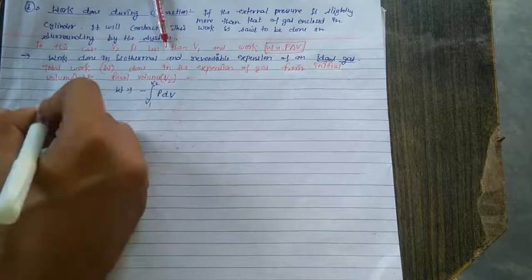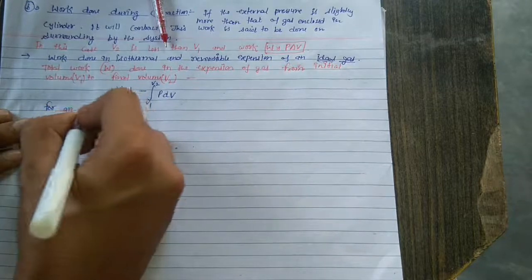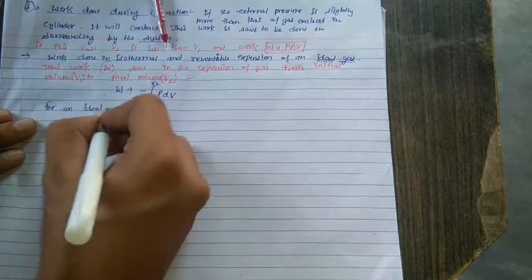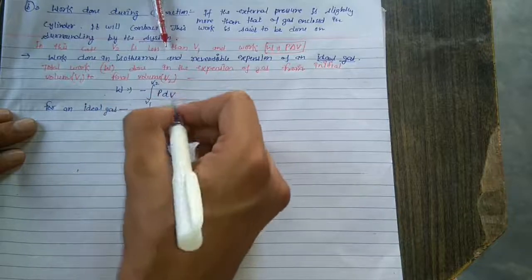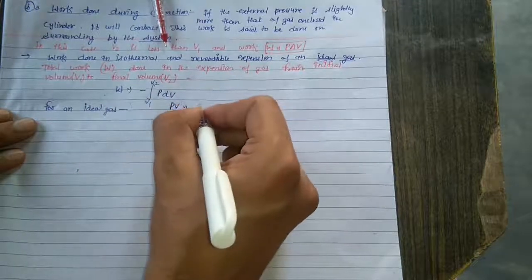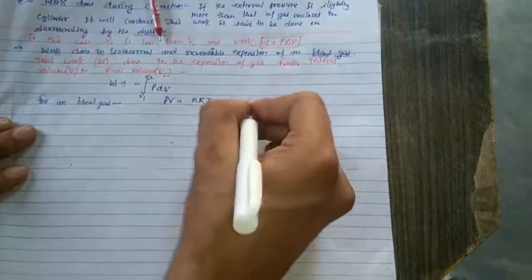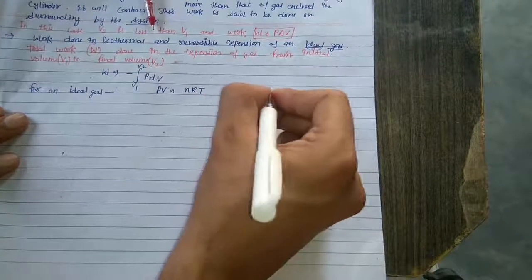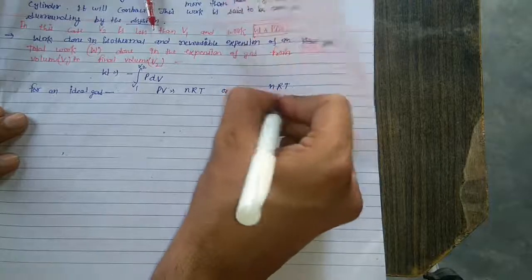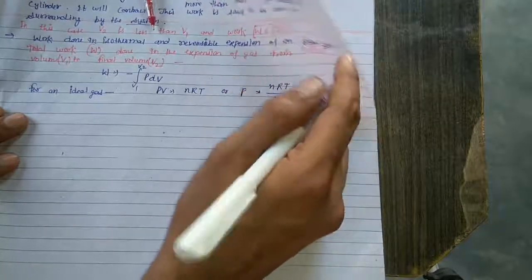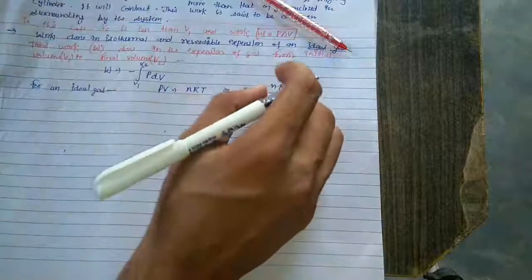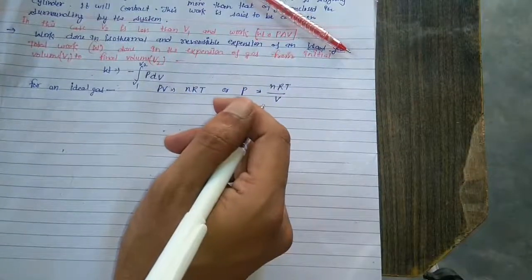So for an ideal gas, you know PV equal to nRT, that is the gas equation, or pressure is equal to nRT upon V. This is the ideal gas equation.